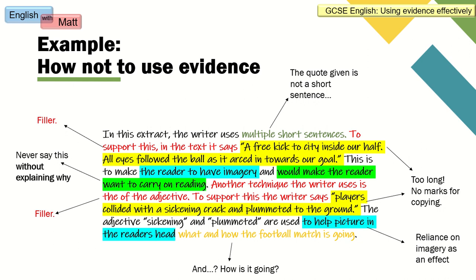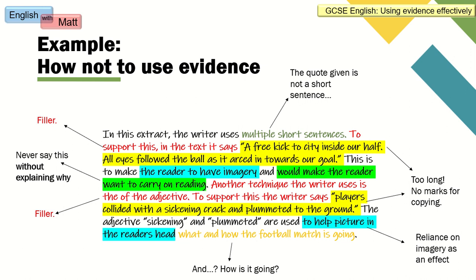And they will also say things like, to support this, the writer says. Well, again, by quoting, you are supporting your point. You don't need to tell them that you are supporting a point. So again, it's not only the analysis which is lacking, but the student is also wasting a lot of time by writing this kind of filler and also writing long quotes.